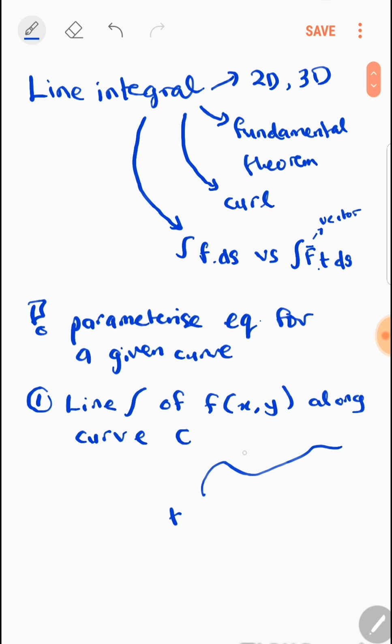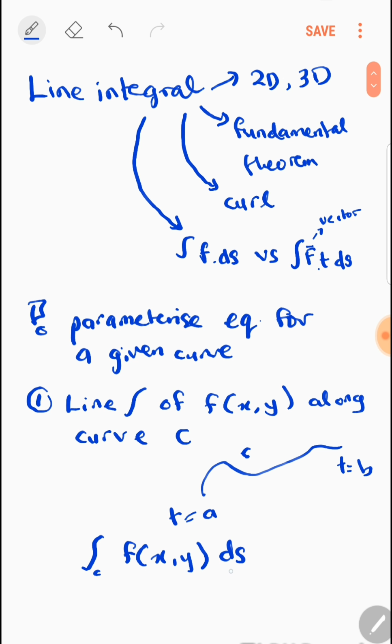And we have this curve C, from A to B, which means A is the beginning point and B is the ending point. So the way that we write this for a line integral will then be f of x y ds.